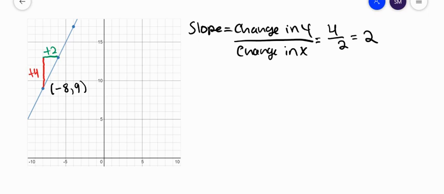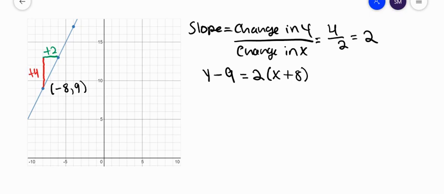So I could write my equation as y minus 9 equals my slope 2 times x. And if we think of this as minus a -8, we can write that more simply as x plus 8. So that's one way to write the equation without solving for the y-intercept.